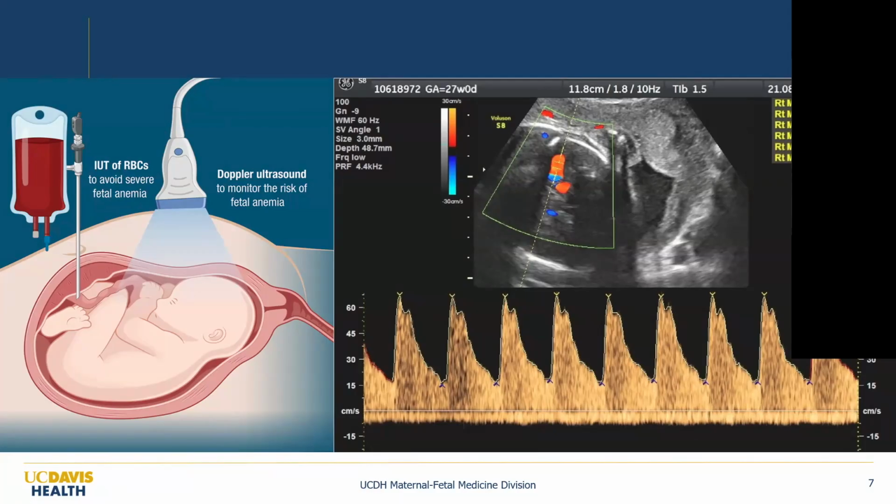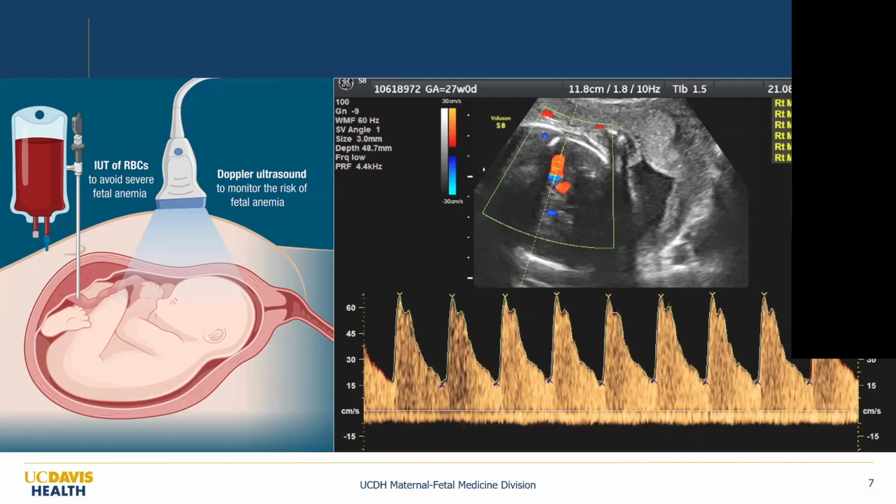The right side of the screen is an ultrasound looking at the middle cerebral artery, and we're looking at the junction where the blood enters the circle of Willis. That's where we measure it, and we look at the peak systolic velocity, which is the peaks that you see here. Then it's put into a nomogram where it's converted into multiples of the median. That tells us whether the baby's at risk for fetal anemia.